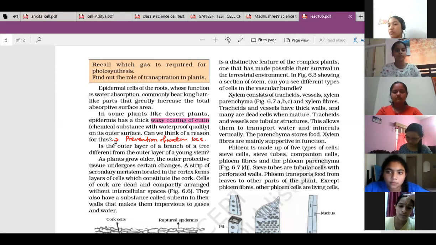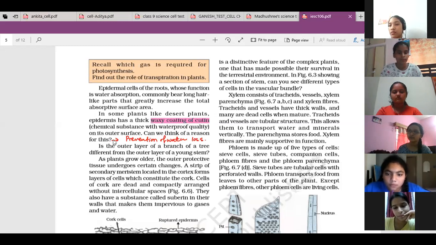Most desert plants have these thorns. In aloe vera also, if you see the side edges, thorns are present. Those thorn-like structures we call cuticles. So leaves are modified into cuticles to prevent water loss.